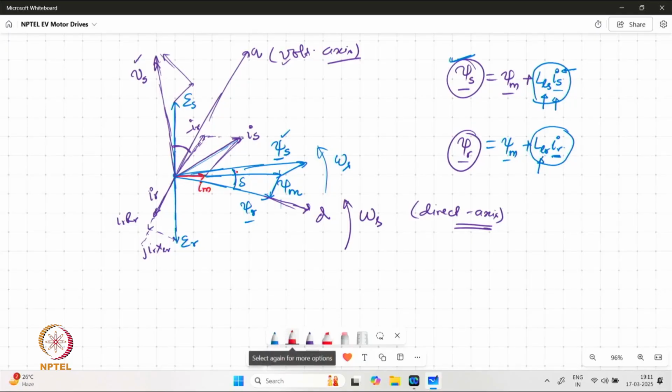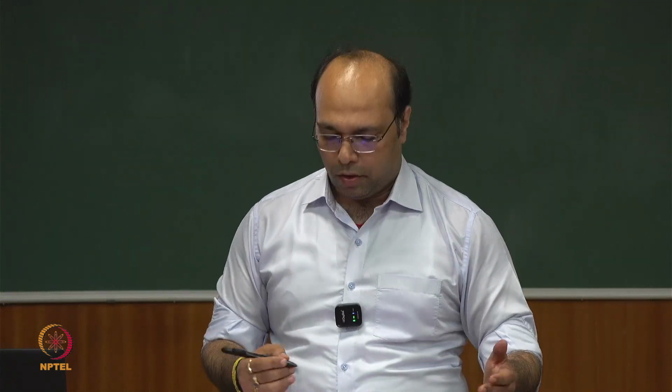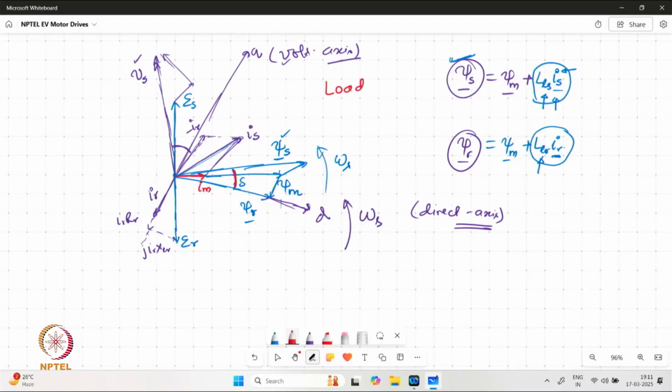Now the other point to be noticed is that the angle formed between the stator and rotor flux vectors is basically a representation of how much load is given to the induction machine.